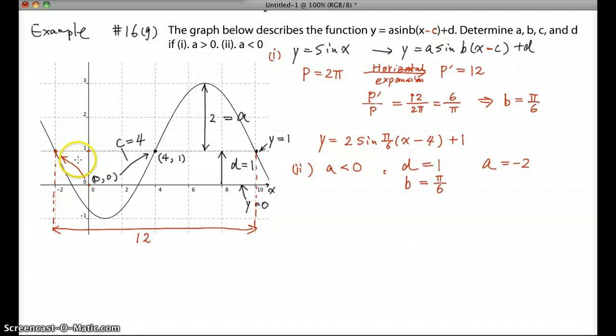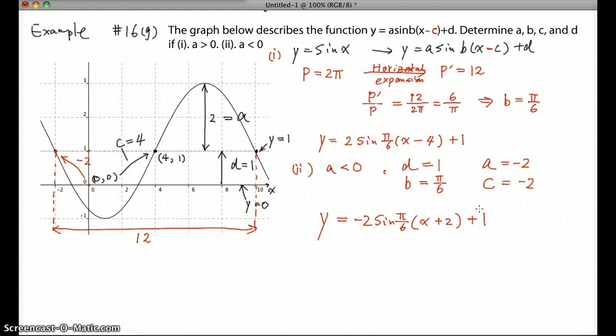Horizontally, there is a negative 2 horizontal translation, right? So then you should get C equals negative 2, which, because this is minus C, eventually you should get a positive. So that's the equation we can write here. y equals negative 2 sine pi over 6, then x minus negative 2, which is plus 2, and then plus 1. Everything else is the same.